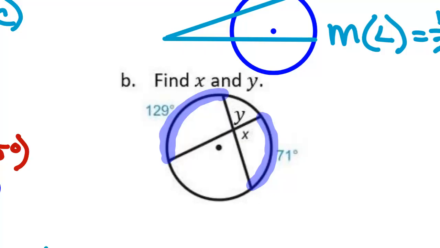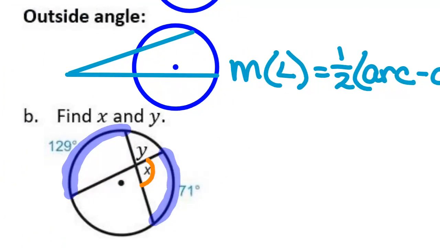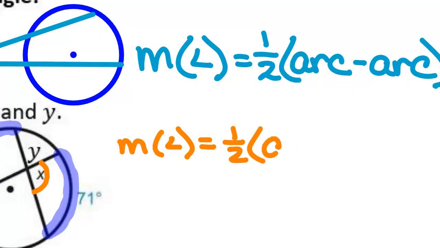Is it X or Y that's intercepting one of those arcs? X is intercepting one of those arcs. So the measurement of the angle is equal to 1/2 times arc plus arc.